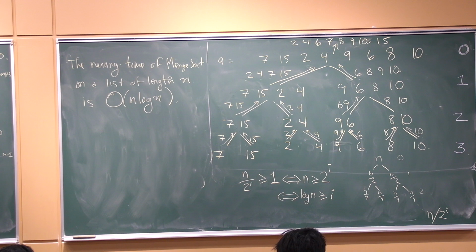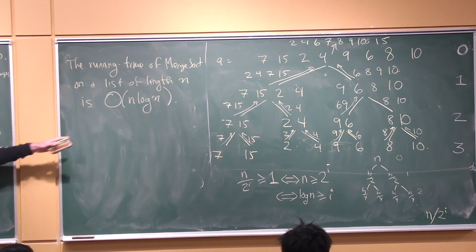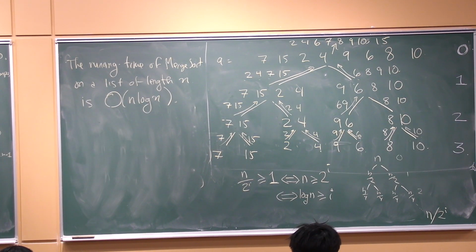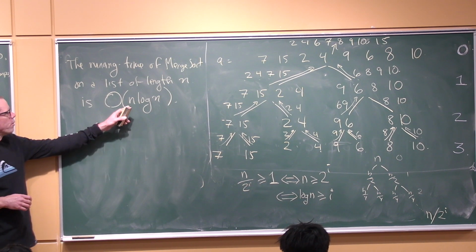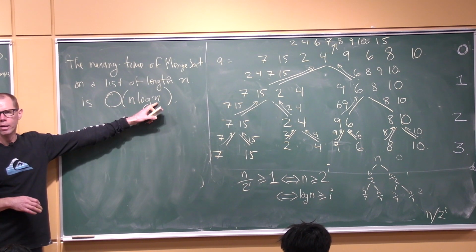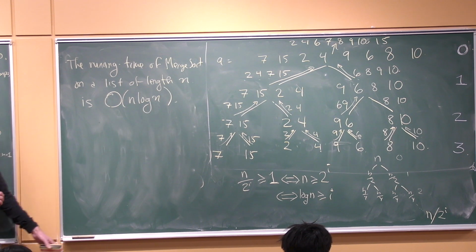And if you remember back to where you learned the definition of this thing, it's actually a set of functions, but the interpretation is it's not more than some constant times n log n for big values of n. Okay.